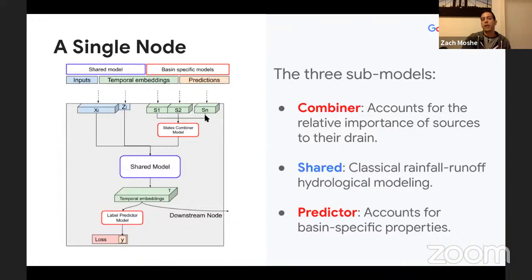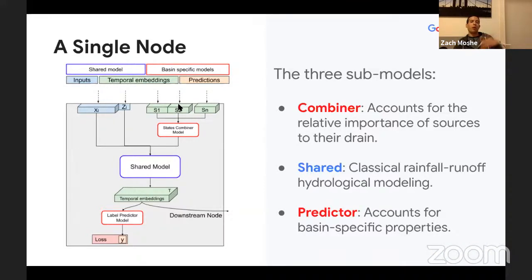The combiner is a per basin model, basically because the number of children for each basin is different. So we cannot really train a single combiner for everything, and we have to have this as a per basin or per watershed model. But the output of the combiner is the same for everyone.